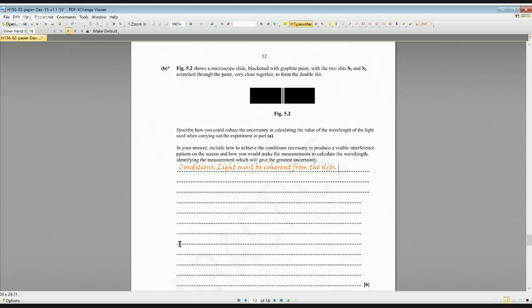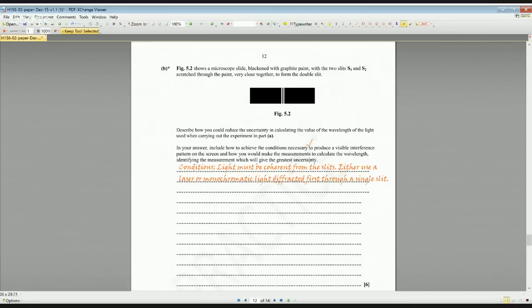So you either use a laser to provide that coherent light, or monochromatic light of one color, perhaps passed through a filter, light diffracted first through a single slit. Now, so that's the conditions necessary, so we can tick that.